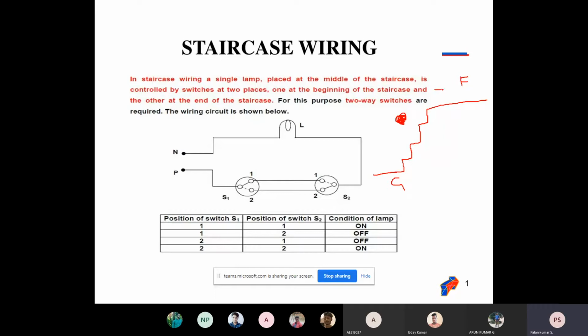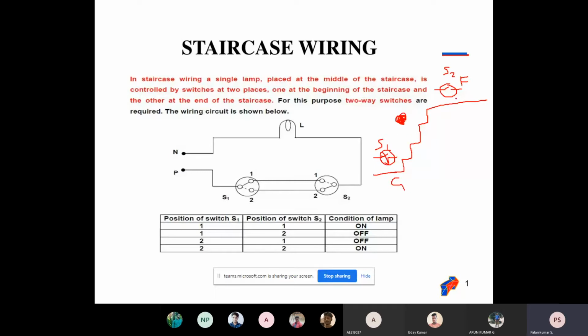Suppose here I have one switch, S2, and here on the ground floor I have one switch, mentioned as S1. Whenever I want to use the staircase for reaching the first floor, I will switch this on, so automatically the lamp will glow.